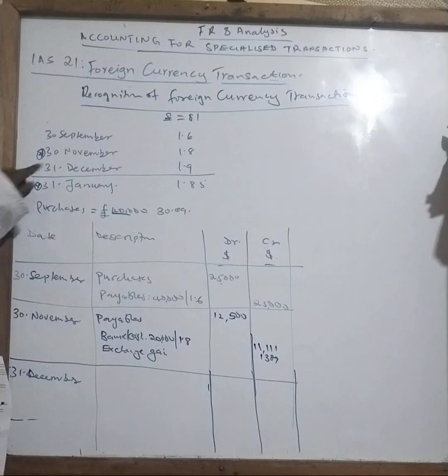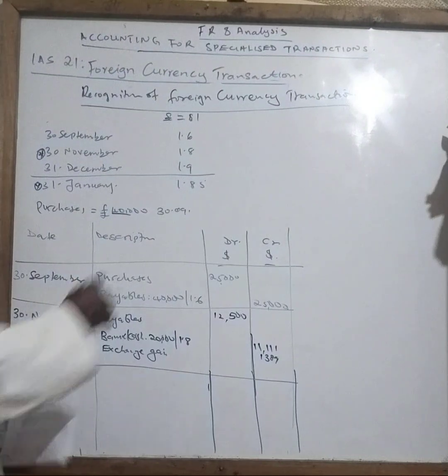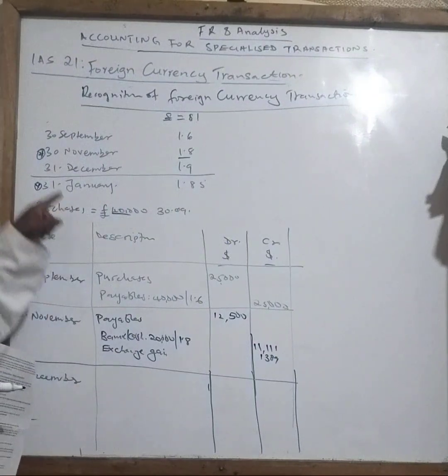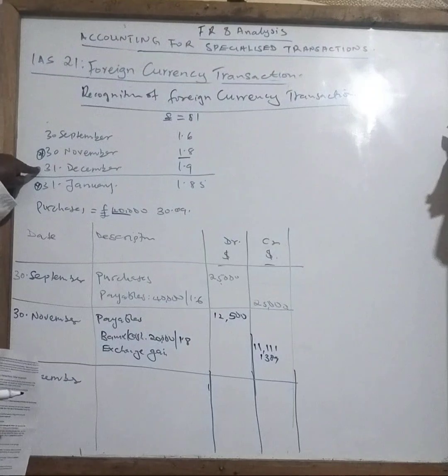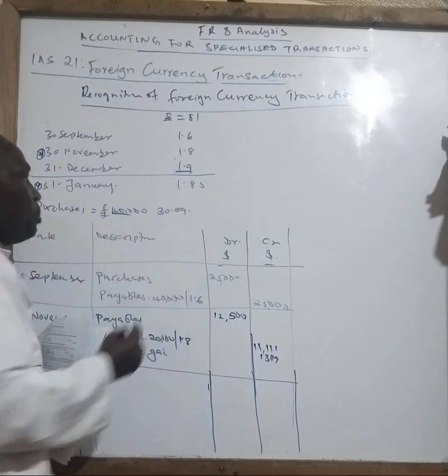What we do is what we call remeasurement. We have to remeasure the liability using the exchange rate at that particular time. Remeasure the liability at the time of closing the books of accounts. That is by use of, not 1.8, sorry, this one here, 1.9.